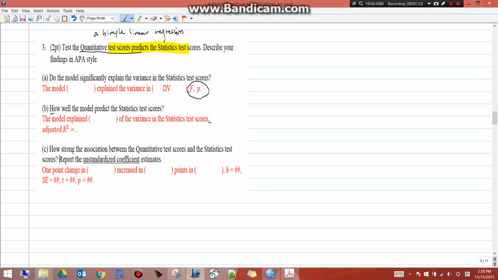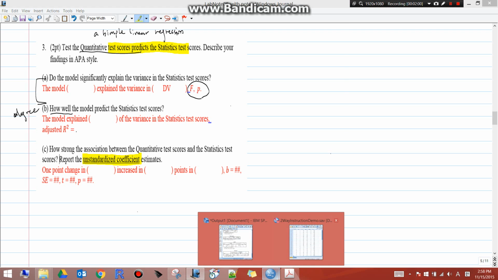So this is a matter of degree. And then once we check these two, we want to interpret the meaning of the coefficients. In these questions, we would like to look at the unstandardized coefficient first before talking about the standardized coefficient.